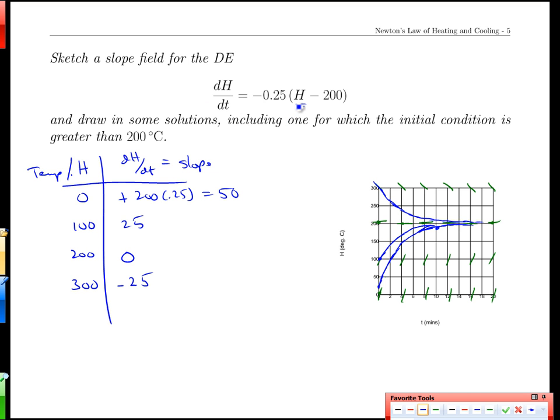No fuss, no muss, takes care of itself. All of these scenarios are covered by exactly the same equation, and all of these solutions describe realistic scenarios that we could imagine. Given a certain starting temperature, putting it in this oven, what would the temperatures do over time? Well, they'd all converge down or up to 200 degrees Celsius, which is the environmental temperature in the oven.